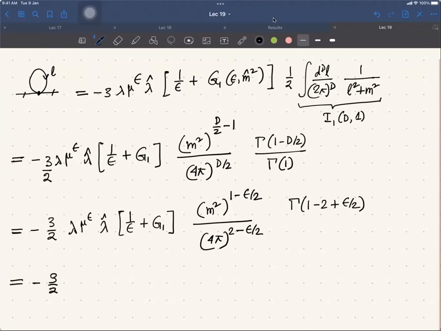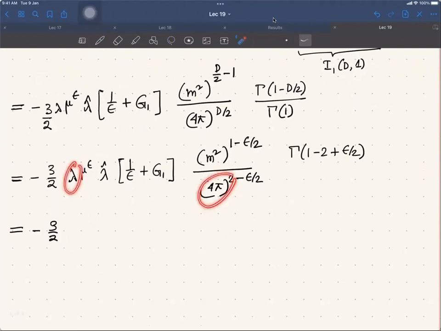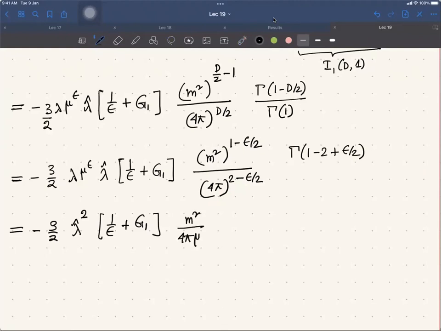So minus 3 by 2, just like before, lambda over 4 pi squared, this combination makes it lambda hat squared, mu to the power epsilon, times 1 over epsilon plus G1. This is m squared divided by 4 pi to the power minus epsilon by 2, which is m squared divided by 4 pi mu squared to the power minus epsilon by 2, times gamma of minus 1 plus epsilon by 2.